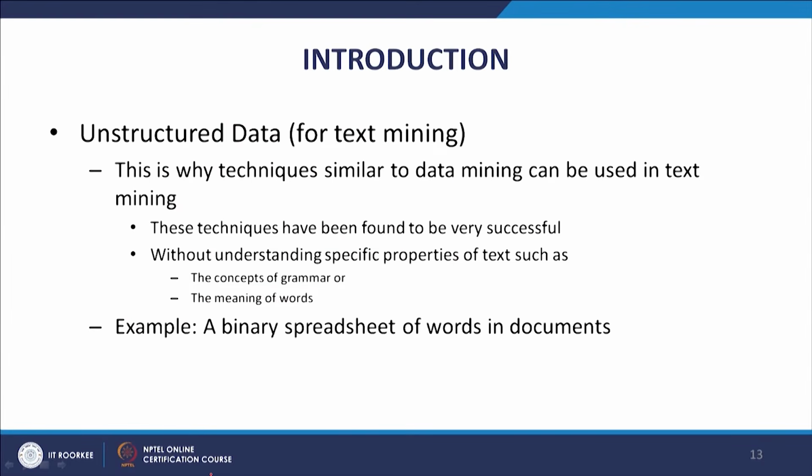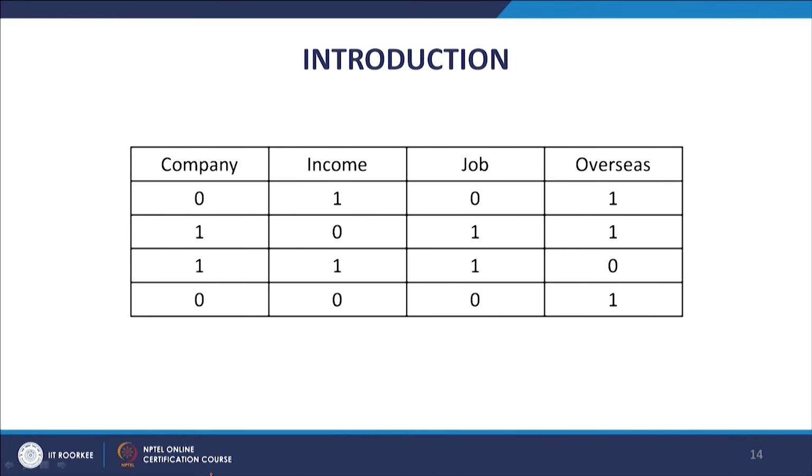Let us have a look at a binary spreadsheet of words in documents to give you an idea. This is one example. You can see here the first column is company, the second column income, the third column job, the fourth column overseas. These are words.